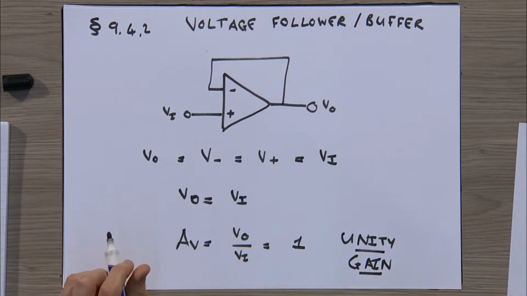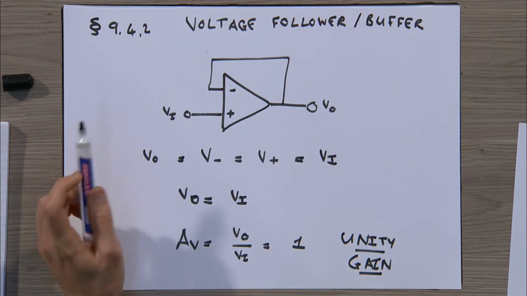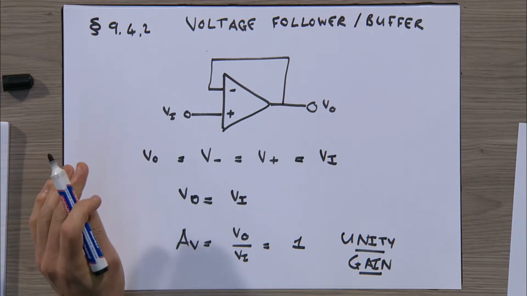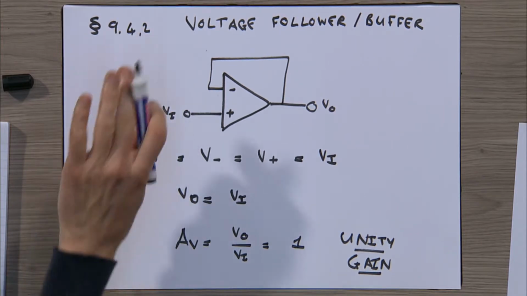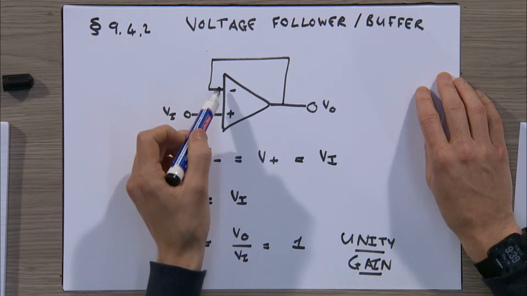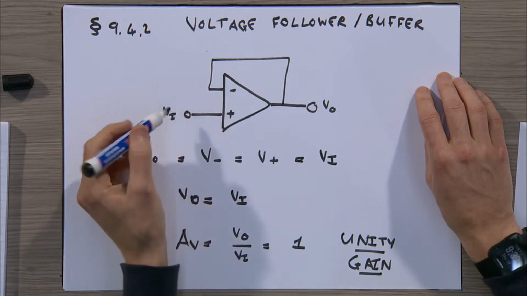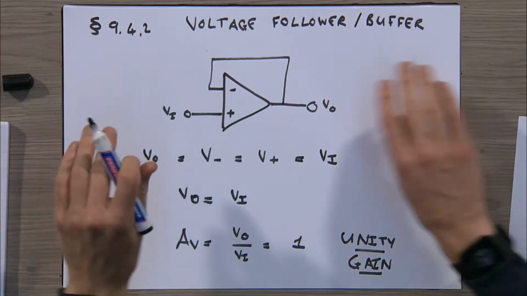Like I said, initially this seems like a fairly useless circuit, but this circuit separates things from its input to its output. Because of its high input resistance over here, it's as if this input is completely disconnected from the output.